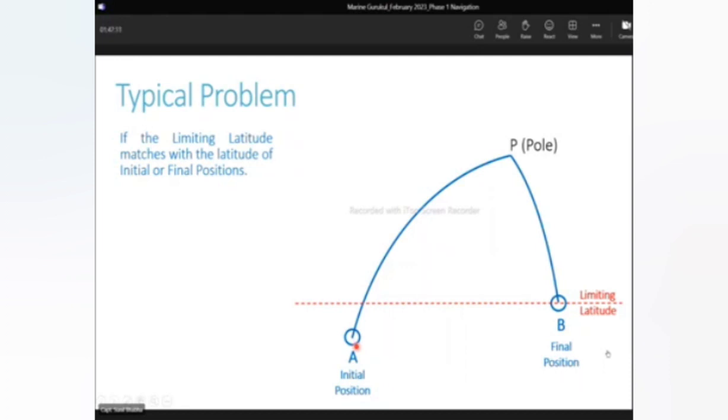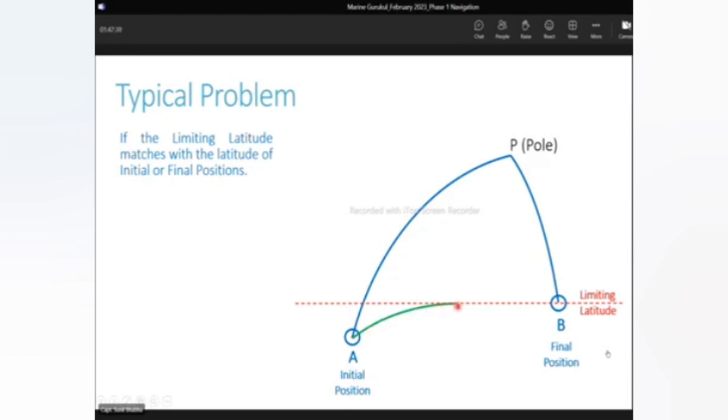So we will first plot this great circle track exactly like this. It will pass through position A, that is our initial position, and the track has its vertex on the limiting latitude. So you can see the first great circle track in the plot now. As you can see, it passes through the initial position and it has its vertex on the limiting latitude.